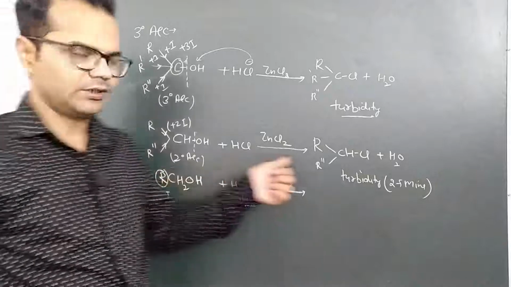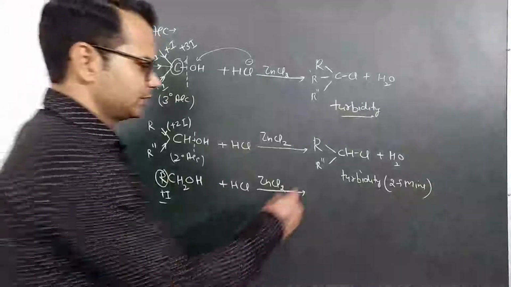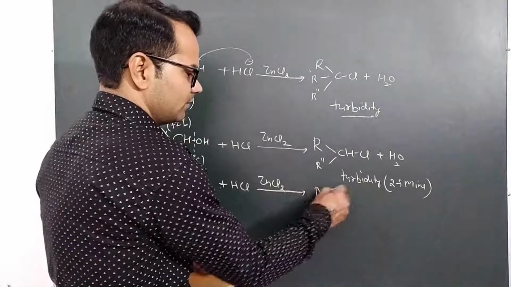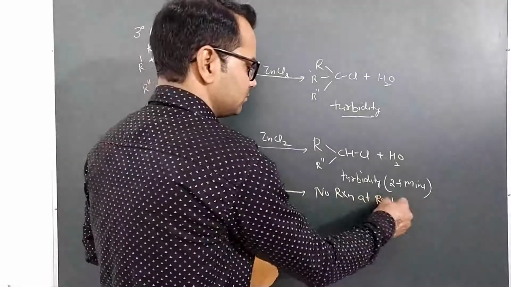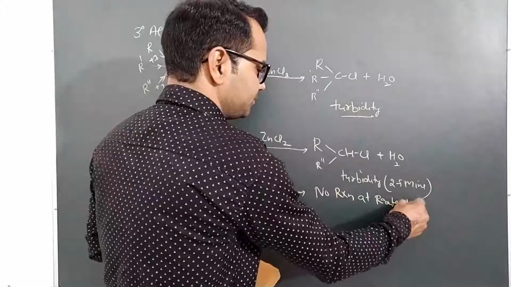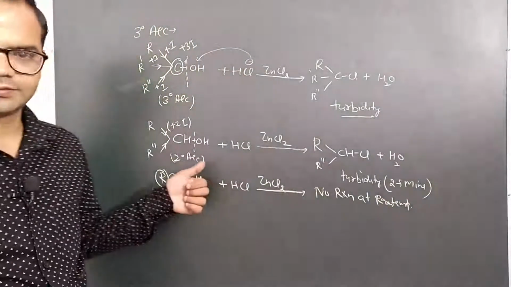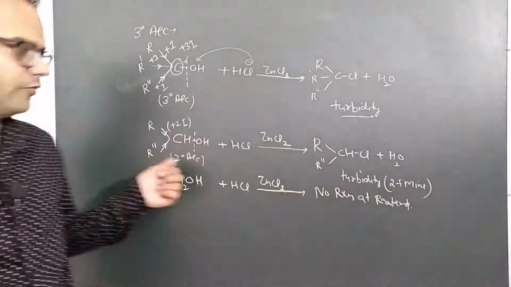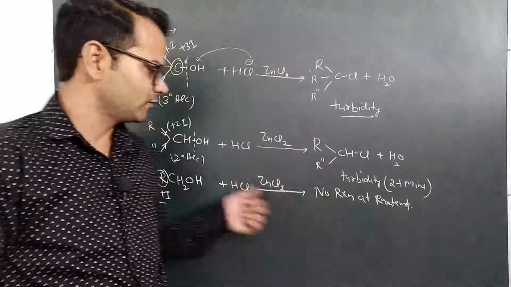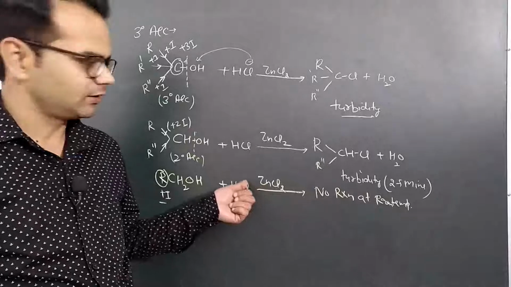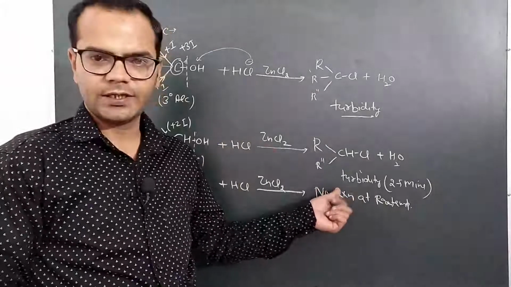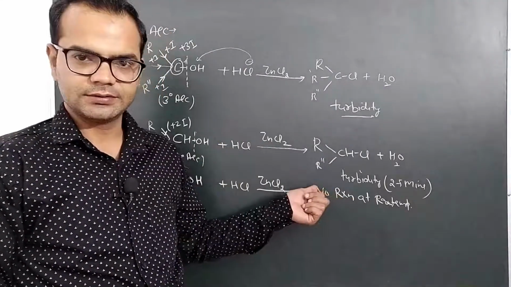That's why turbidity will not appear at room temperature. We can say no reaction at room temperature. So in case of primary alcohol, if we want to obtain turbidity, we have to heat this solution quite strongly. Otherwise, at room temperature, there will be no reaction.